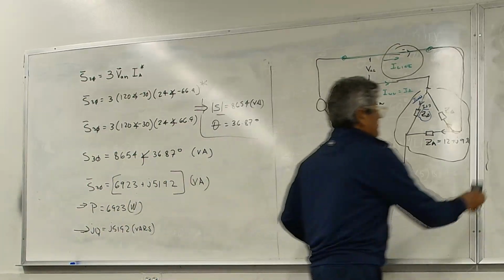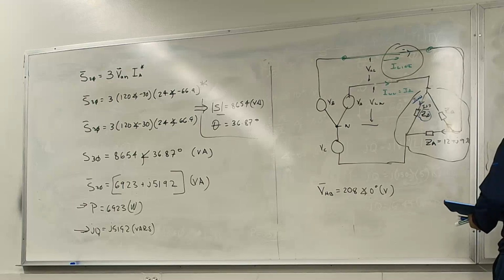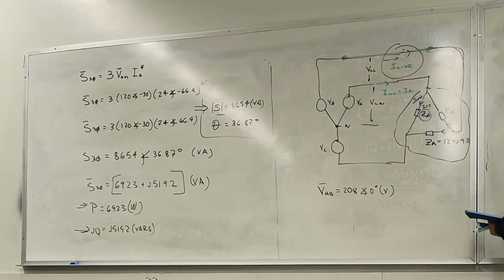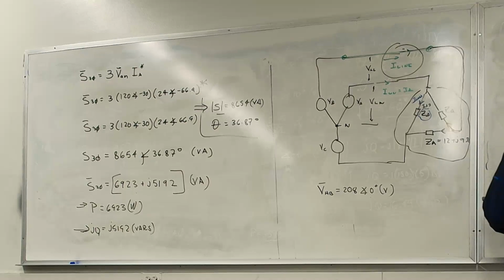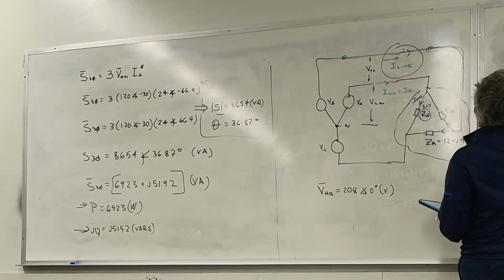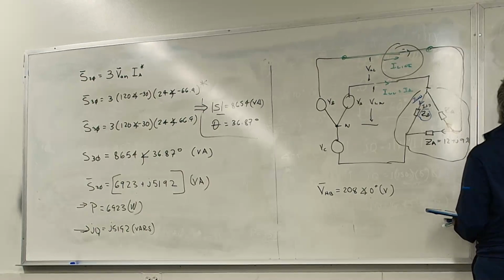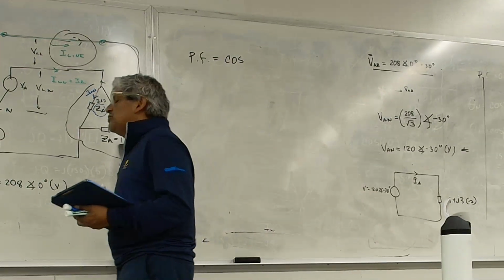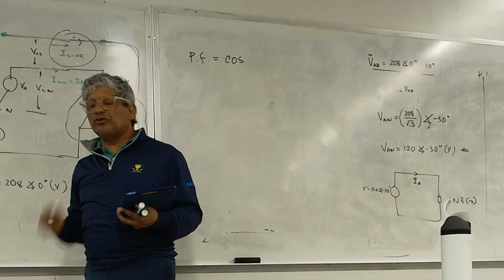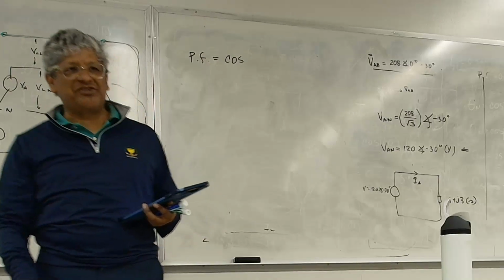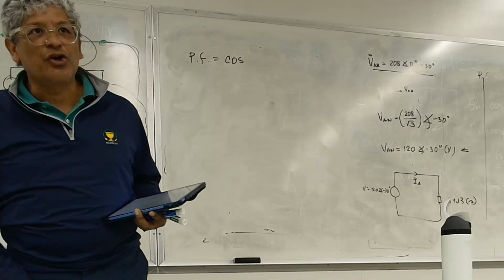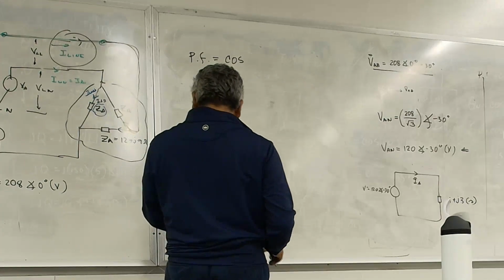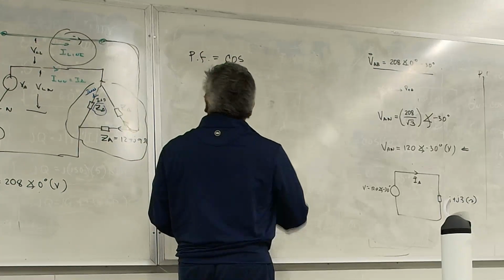I'm not going to erase this because I want to come back to it. All right, so the power factor is equal to the cosine of the angle between the voltage and the current, theta, right? In our case, we already know it.